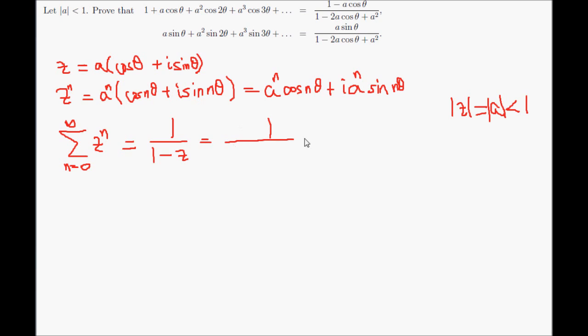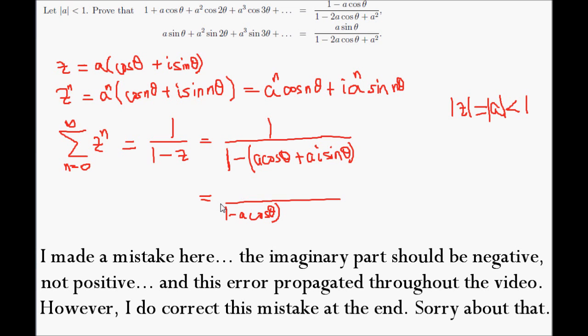So that's 1 minus a cosine theta plus ai sine theta. So to get the real and imaginary parts, we'll write this as 1 minus a cosine theta plus I times a sine theta, all over 1.